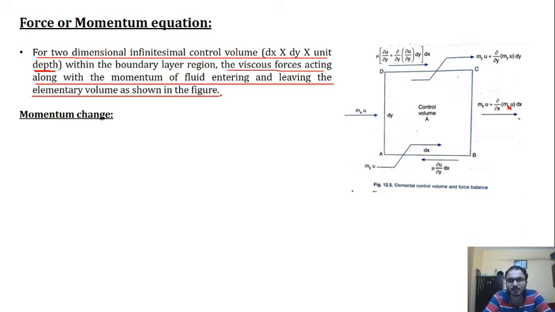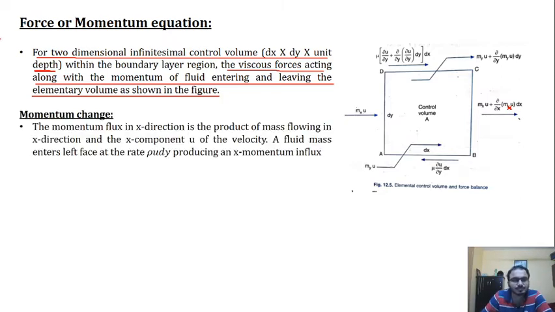Now we will see the momentum change. The momentum flux in the x direction is the product of the mass flowing in the x direction and the x component u of the velocity.